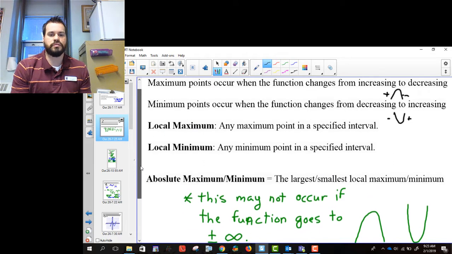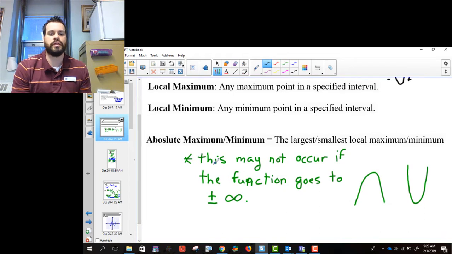It's also possible that this may not even happen. You may not have an absolute max or min if the function goes on to infinity. For example, if you look at a cubic function, most of them kind of look like this. There's a local maximum right there, and there's a local minimum right there, but there is no absolute max or min because it goes on to infinity.